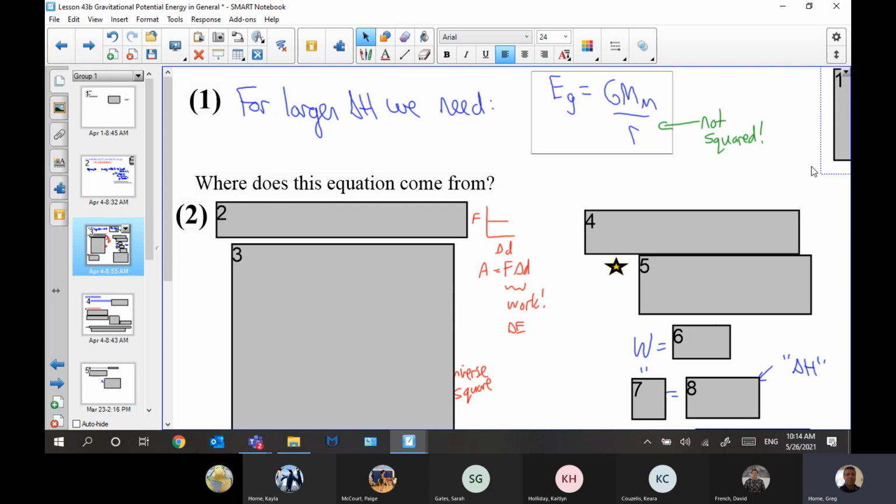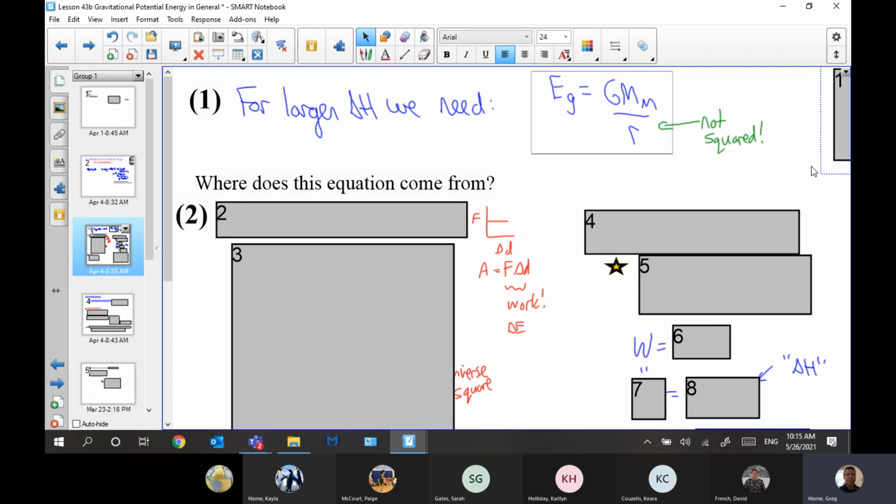This is very similar to what you've seen before with the electric force of attraction or repulsion between two charges, kqq over r squared. We have gravitational force is Gmm over r squared, so they're extremely similar. And then the resulting energy equations are also very similar. Gmm over r now instead of r squared, just like it was kqq over r instead of over r squared.